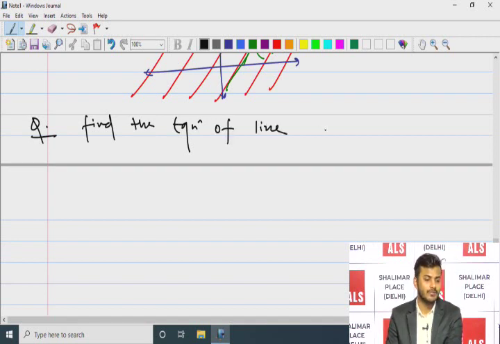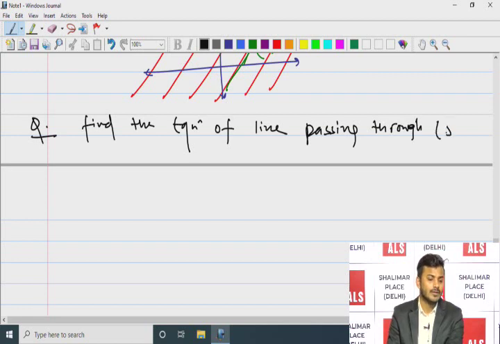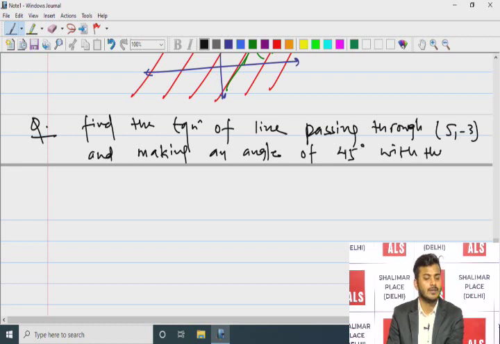Find the equation of line passing through 5 comma minus 3 and making an angle of 45 degrees with the x-axis, positive direction of x-axis.